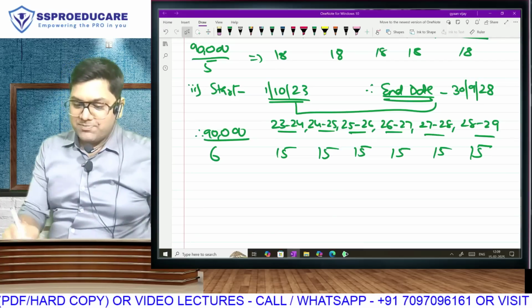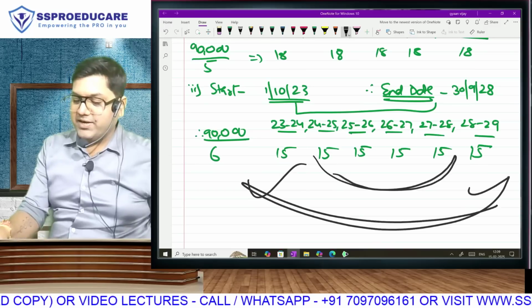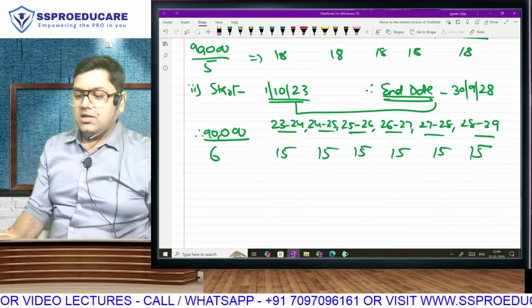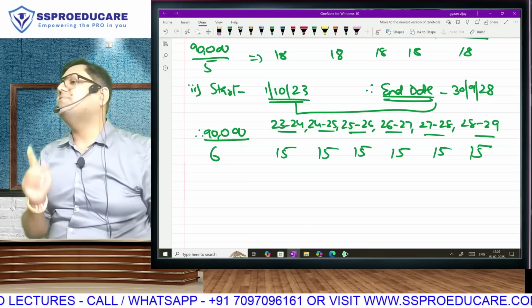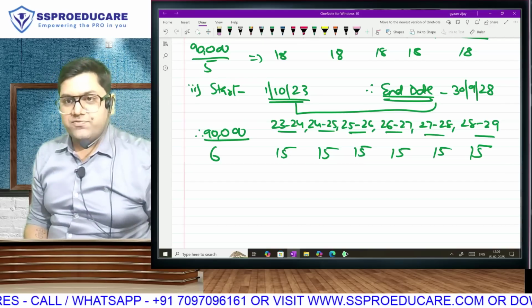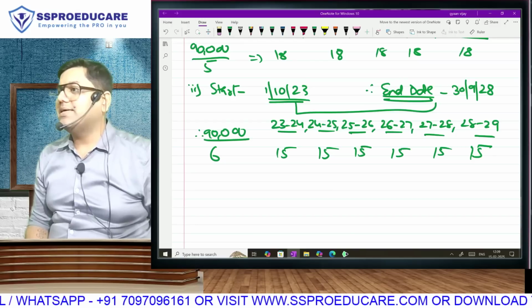For example, here we have 4 years, but we have 6 months here and 6 months here. So effectively it is 5 years, but the total number of years becomes 6. Whenever a policy is taken other than on 1st April, the denominator will be 1 year extra.